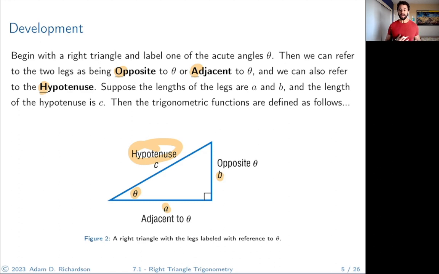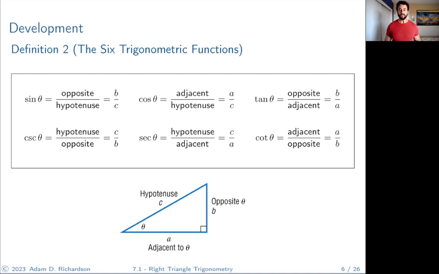Then we can define the trigonometric functions as follows. We're going to call sine of theta the length of the opposite leg divided by the length of the hypotenuse. So sine is opposite over hypotenuse. And we're going to define cosine to be the length of the adjacent leg divided by the length of the hypotenuse.